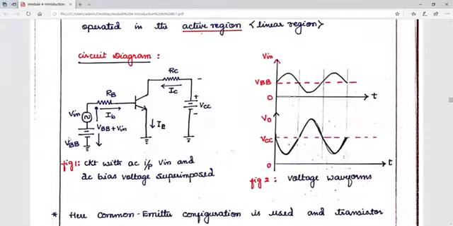That is the input which I wanted to be amplified, the AC input, is superimposed with the DC source in series with the RB, and the DC bias voltage VCC is connected in series with the collector resistance.